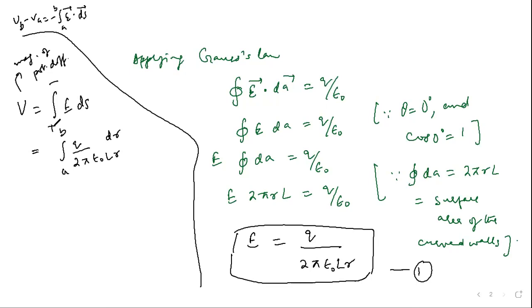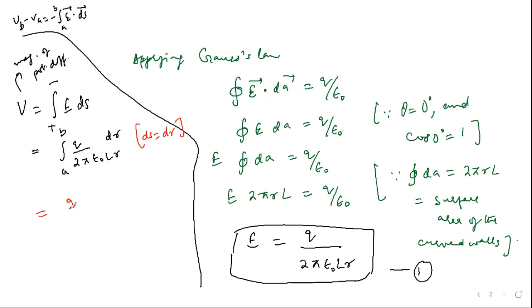So just a to b, right? Here we are saying ds is dr, because we are moving radially. Our displacement is radial. r is the variable of integration.